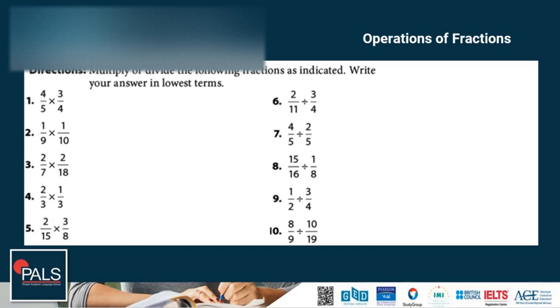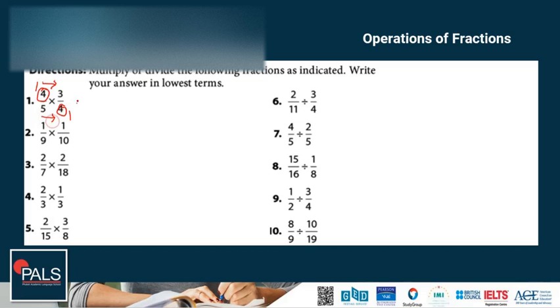Number 1, 4 over 5 times 3 over 4. Check if we can cross cancel. 4 can be divided by 4. So 4 divided by 4 is 1. 4 divided by 4 is 1. Then proceed to multiplying across.